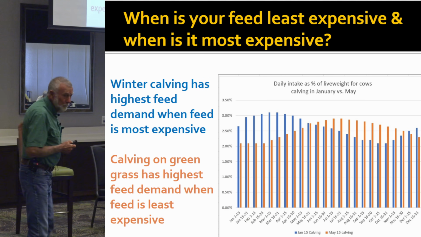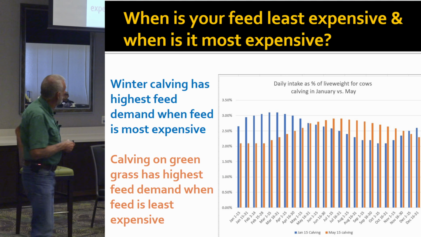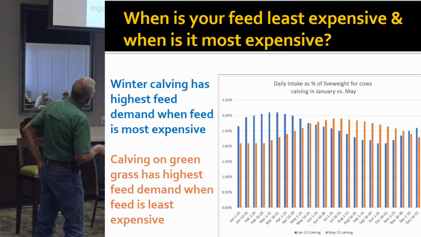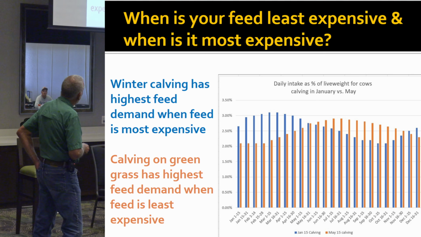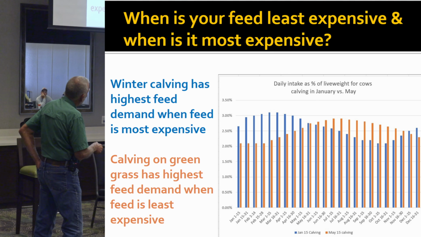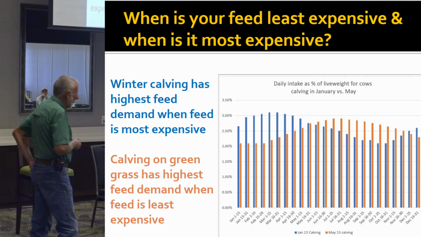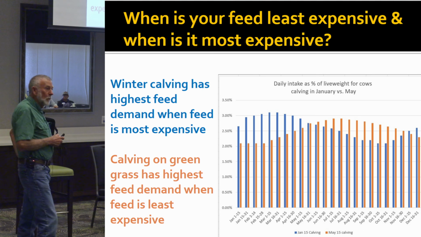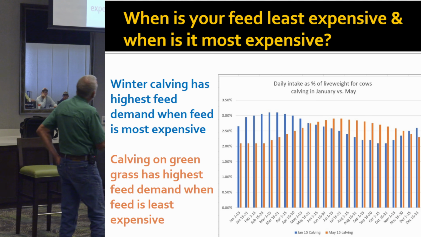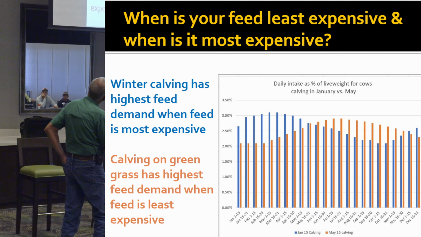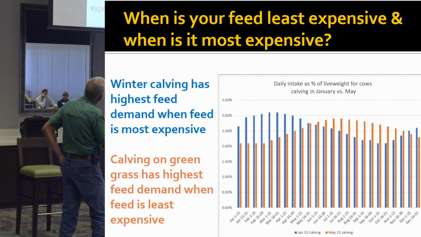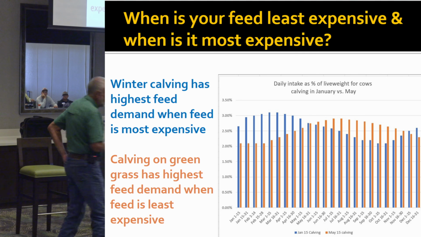So this graph here overlays the blue bar, January 15th calving, and the orange bar, May 15th calving. So basically calving in the snow, calving on green grass. And then we have percent of body weight intake. If we start with the winter calving cow, the peak demand is over 3% of body weight a day, and it's occurring there in February and March.